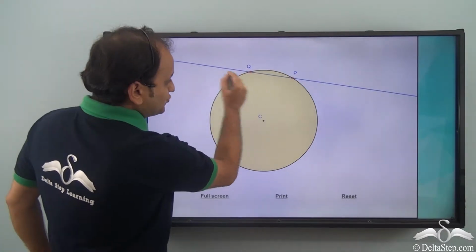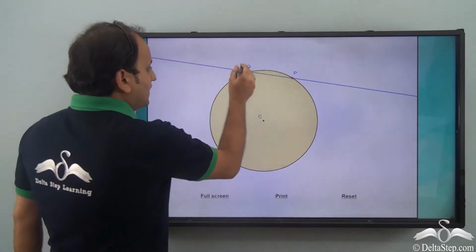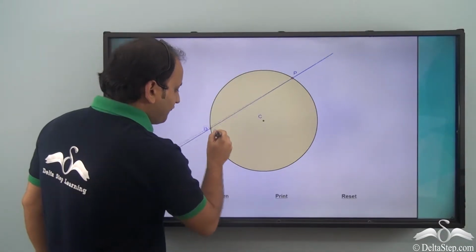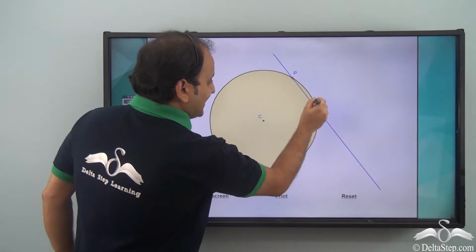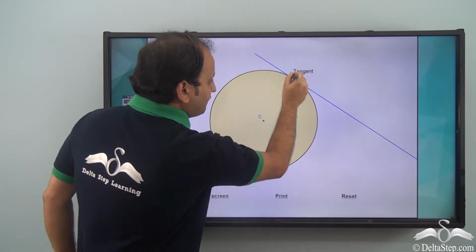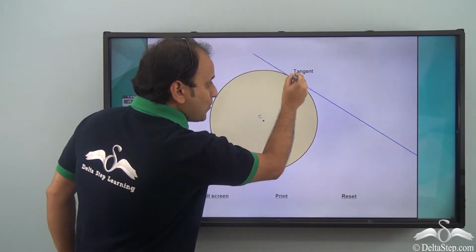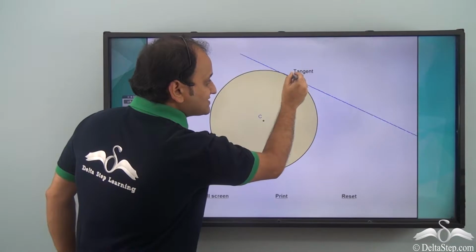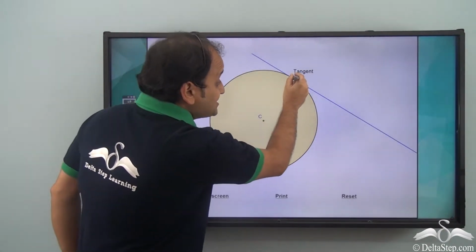Because it is passing through 2 points on the circle. Now, what if I move these points like this? It's still a secant. But what if these 2 points overlap? That is, there is just 1 point of contact. What happens then? Then this becomes a tangent.